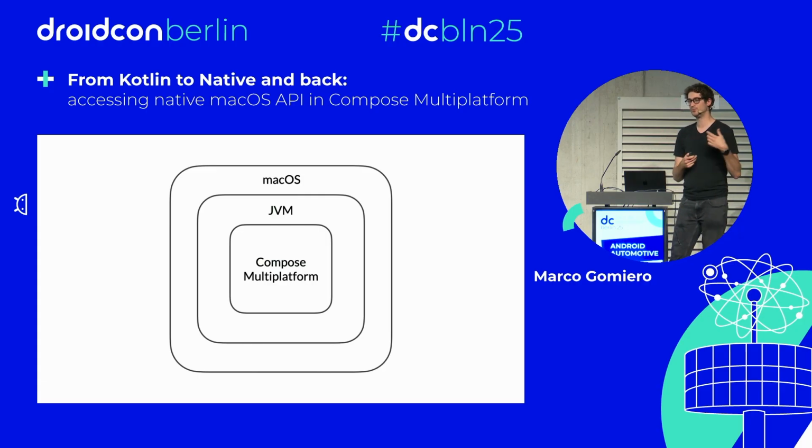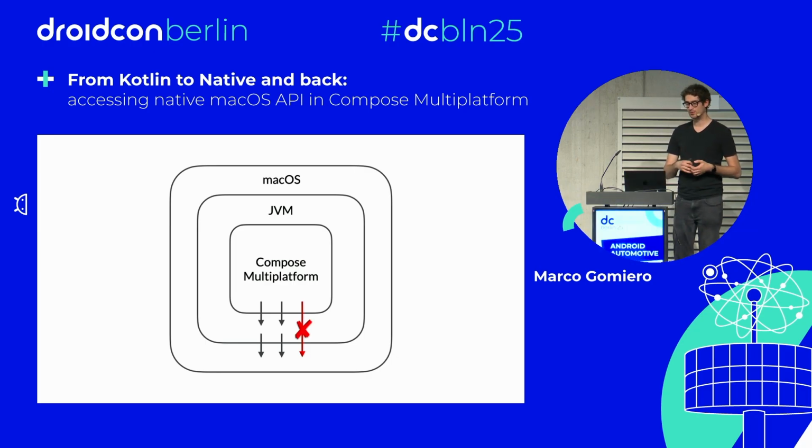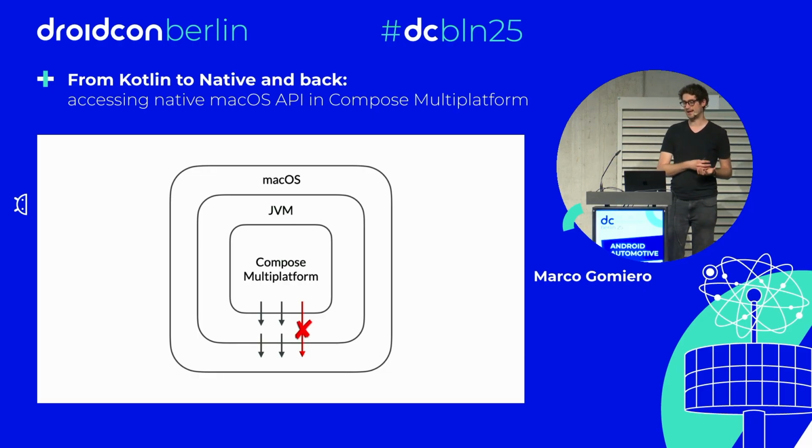So for example, if you need to access the file system, what you do is go to the JVM, ask for the API that the JVM gave to you, and then the JVM is going to call the underlying OS for dealing with the things that you want to deal with. What you cannot do, at least directly, is just go directly to the underlying OS and ask for something, because the JVM needs to run in multiple platforms.